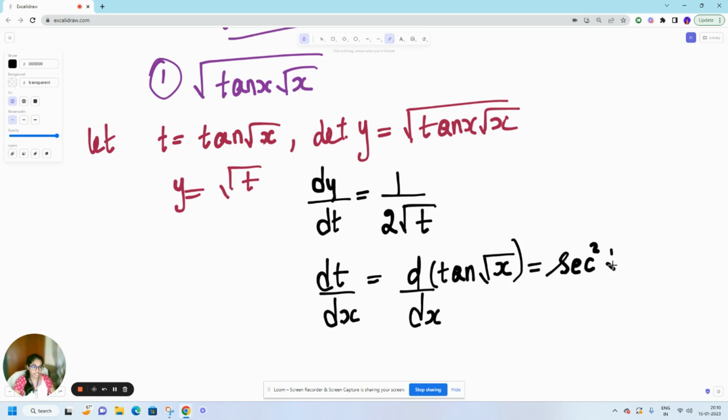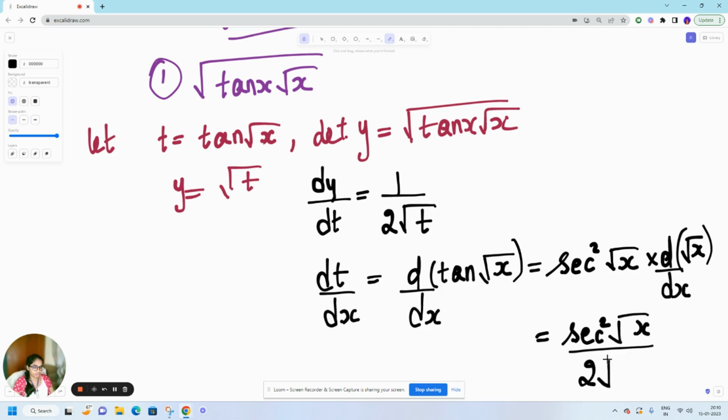I cannot change the angle; the angle remains the same. Then I multiply by, let me write one extra step, d by dx of root x, the differentiation of the angle. So that would be secant square root x divided by 2 root x. Why? Because the derivative of root x is 1 divided by 2 root x.